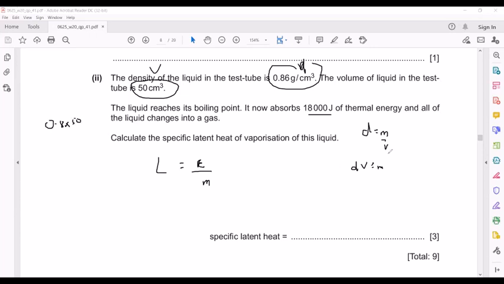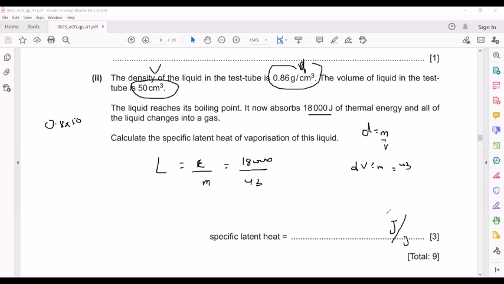That will give us the answer in grams. 0.86 into 50. What's the answer for the mass? 43. So that will be 43 grams. And if I solve this question without converting the mass into kilograms, then the important thing is the unit: it will be joule per gram.